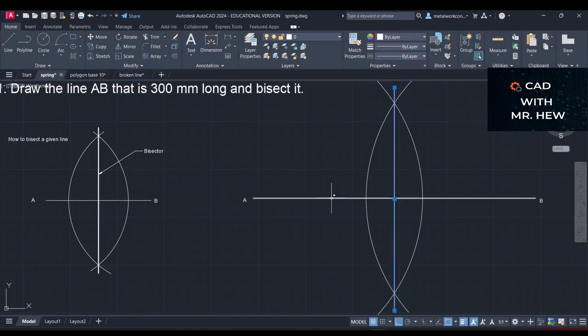Here's our bisector, and we're gonna label it. Here we have labeled the bisector, and this line is a bisector.